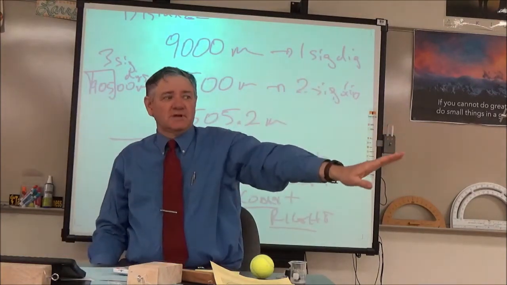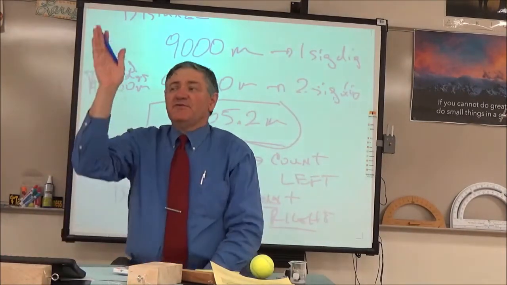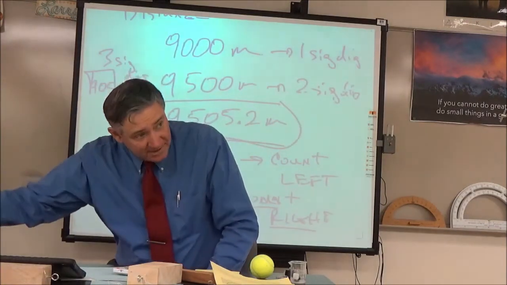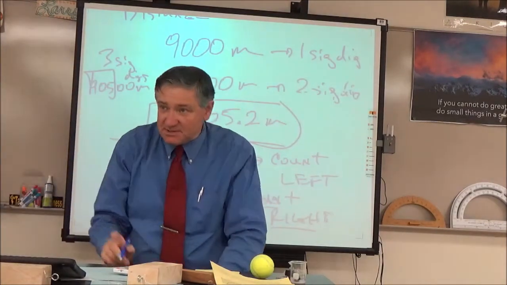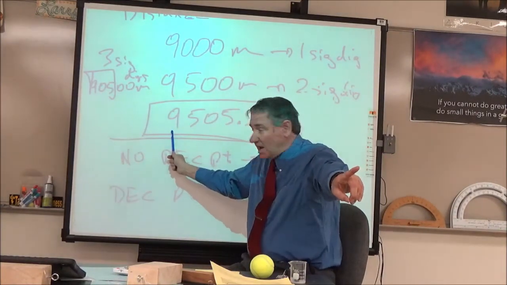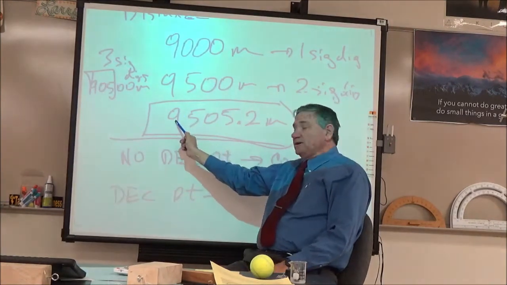Got that. Now, let's go down to this one. If there's a decimal place, which there is, now we sweep right. So you find your first non-zero digit, and you count everything to the right. You would start here with this 9.